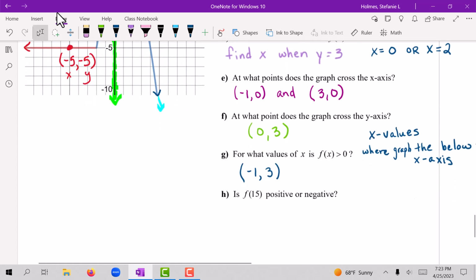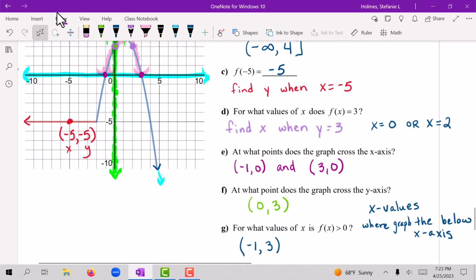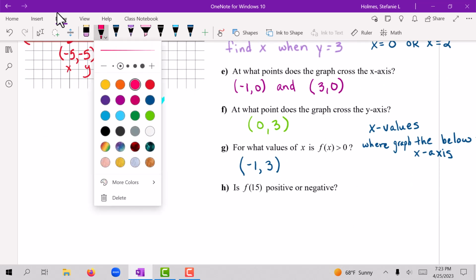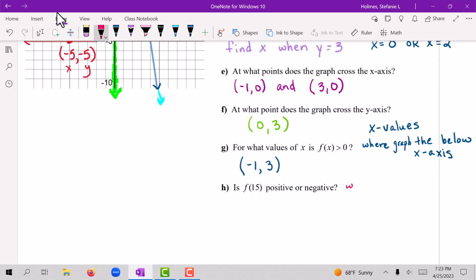Okay, and the last one says, is f of 15 positive or negative? So this is asking us when x is 15, is y positive or negative?